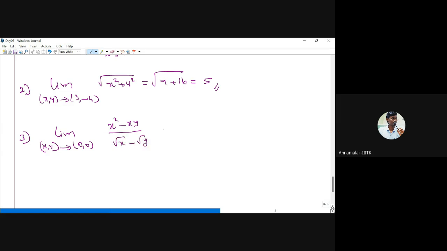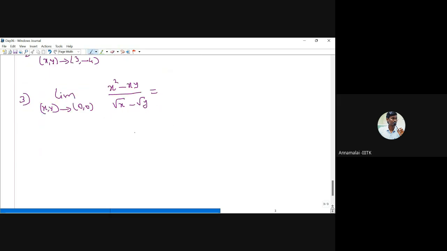If x comma y approaches 0, 0, in the numerator we get 0, and the denominator also we get 0. So we cannot use this quotient rule. However, we can simplify this function. Just multiply and divide by the same number. So the limit is equal to, if you consider this function and multiply and divide by square root of x plus square root of y.